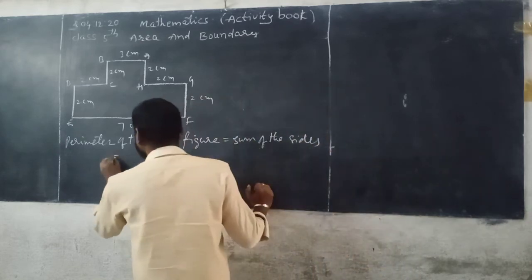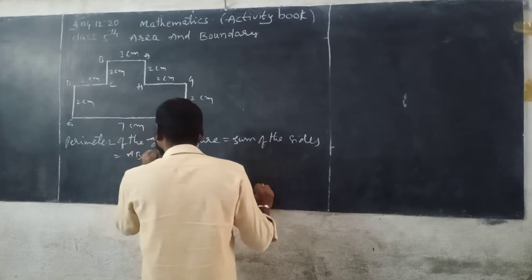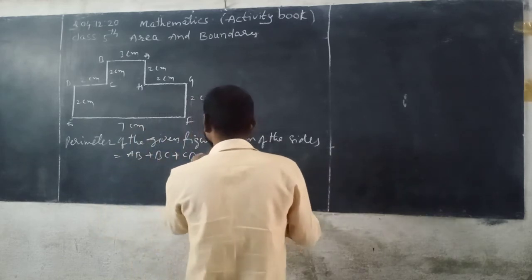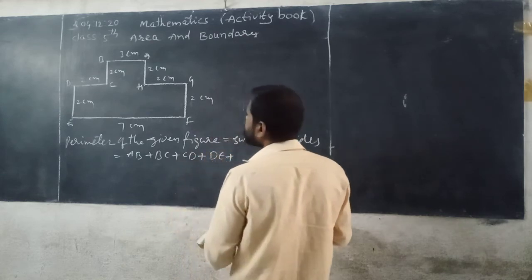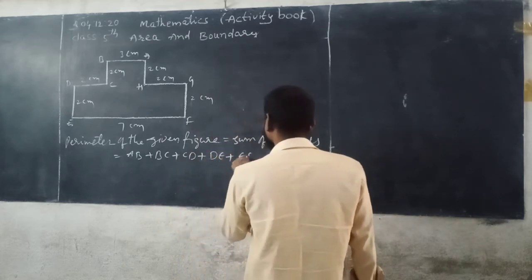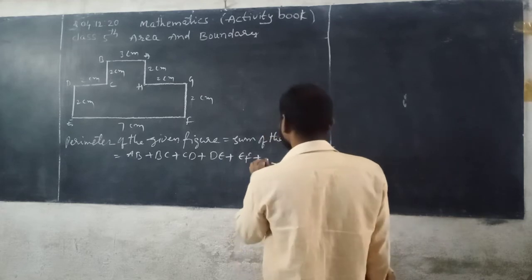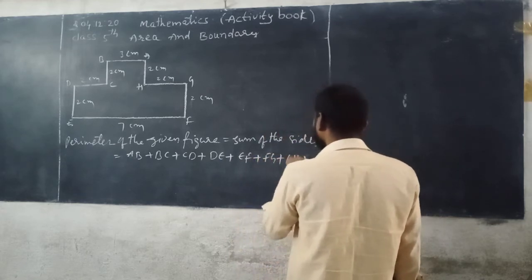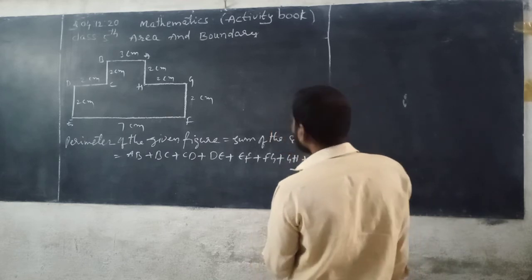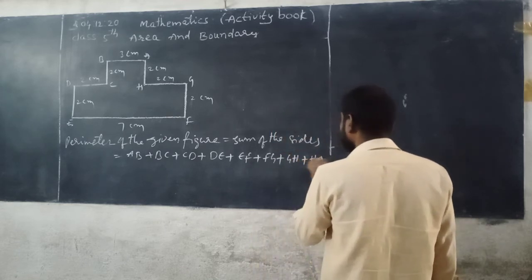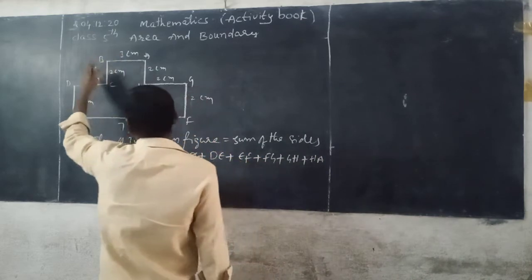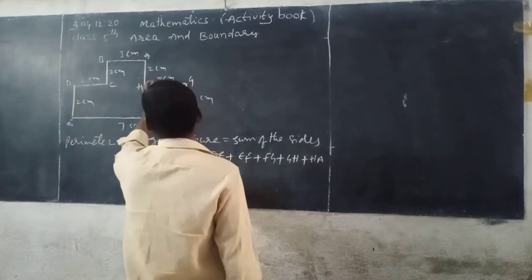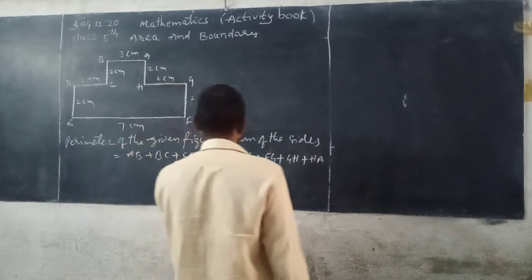So that is equal to AB plus BC plus CD plus DE plus EF plus FG plus GH plus HA. 1, 2, 3, 4, 5, 6, 7, 8.